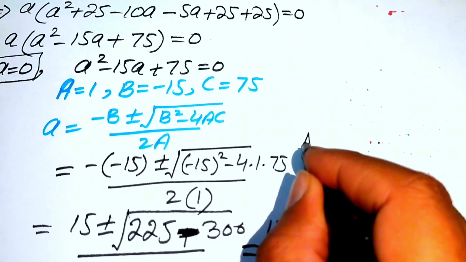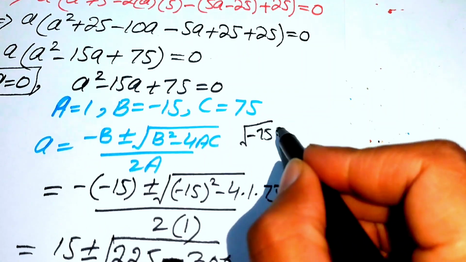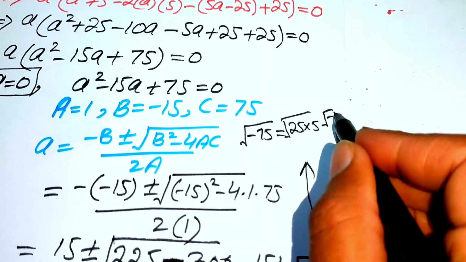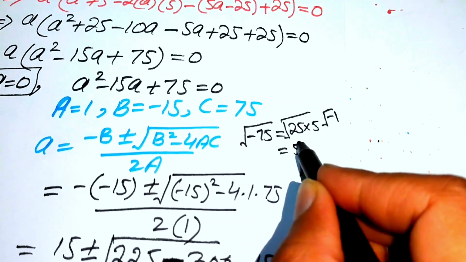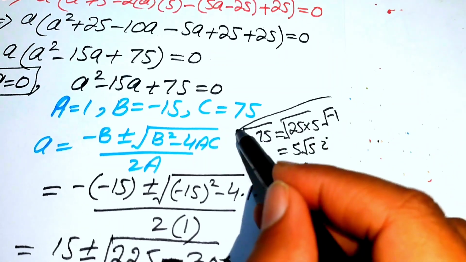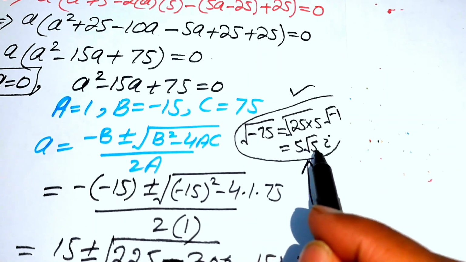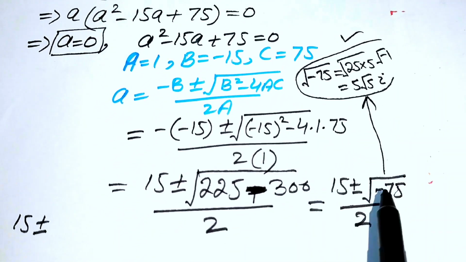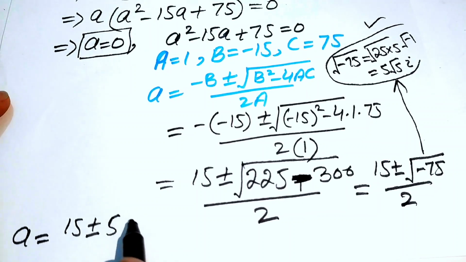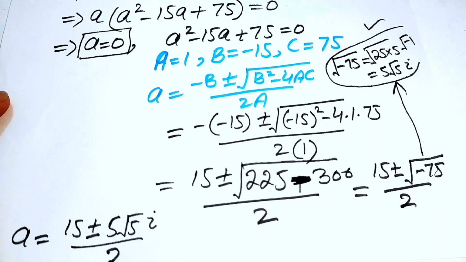So I can simplify this term here: square root of 25 times 3 times square root of -1, and we know that square root of 25 is 5 and square root of -1 equals iota.